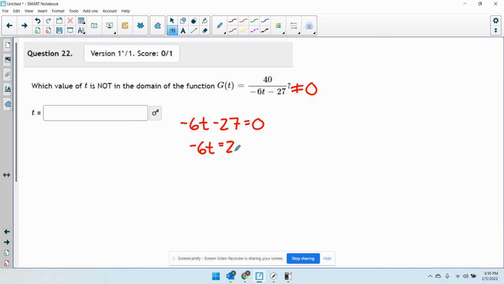I'm going to add 27 to both sides. Divide by negative 6. I get t equals 4.5. Okay. Because if you plug 4.5 in, you're going to get 0 in the denominator, which is a no-go.